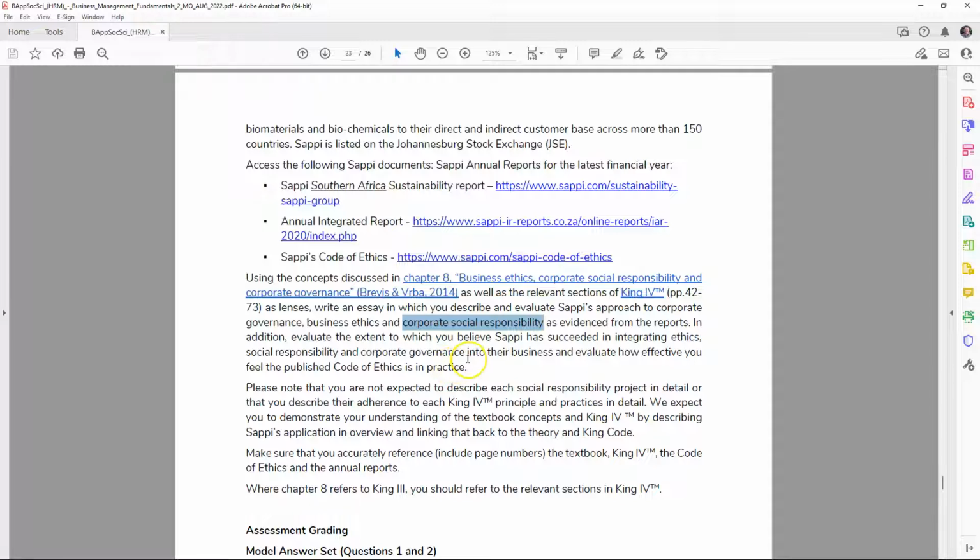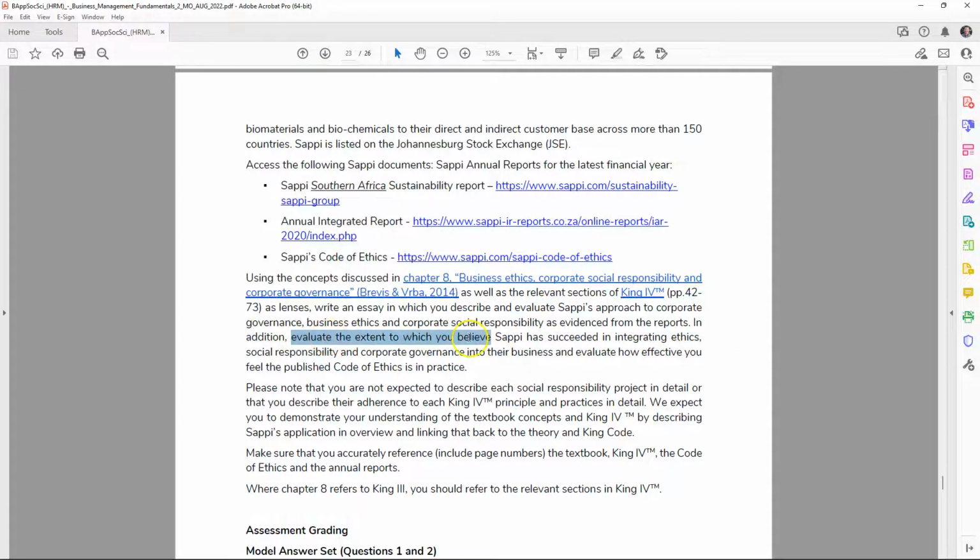And then a 4th issue that you need to do is to evaluate the extent to which you believe SAPI has succeeded in integrating ethics, social responsibility and corporate governance into their business, and then evaluate how effective you feel the published code of ethics is in practice. So this is an issue here, the code of ethics, how effective is it?